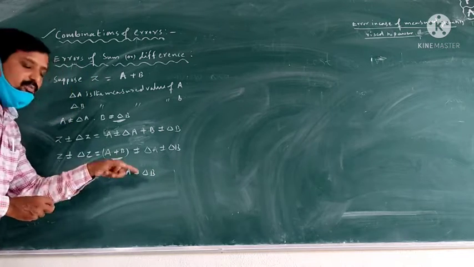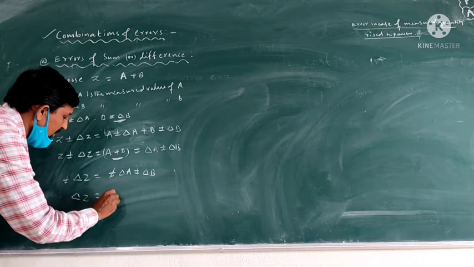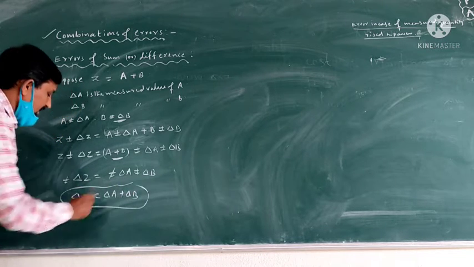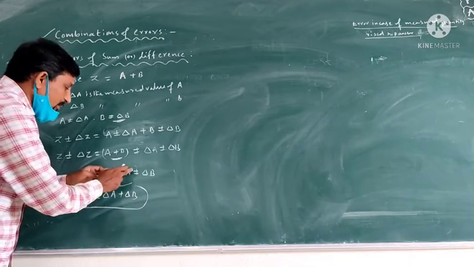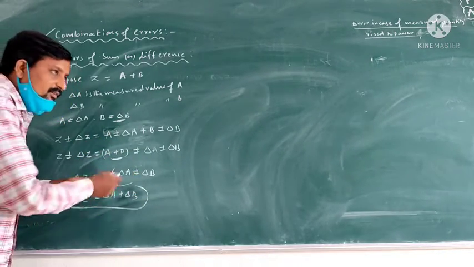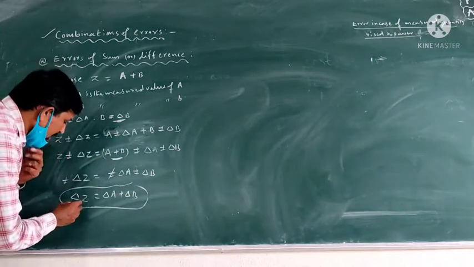Here, the maximum possible error: delta Z is equal to delta A plus delta B. In the case of addition, the maximum possible error delta Z is equal to delta A plus delta B. When we take minus, that is called the minimum possible error, and when we take plus, that is called the maximum possible error.